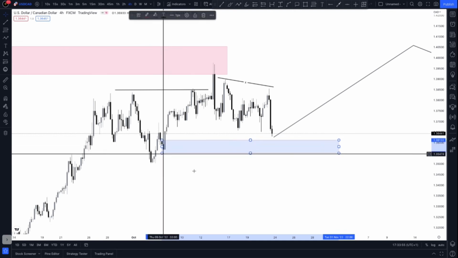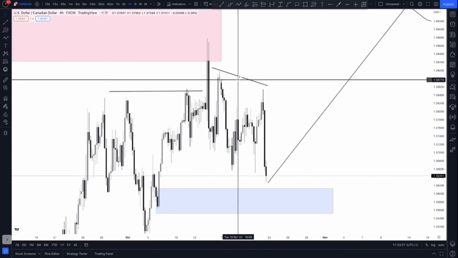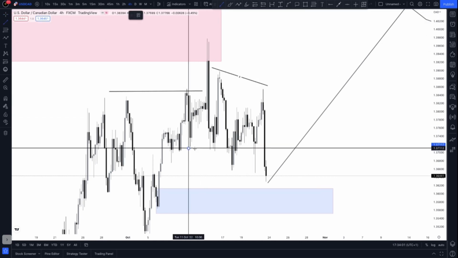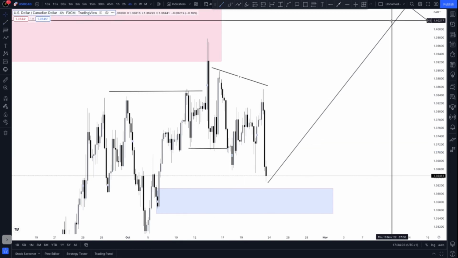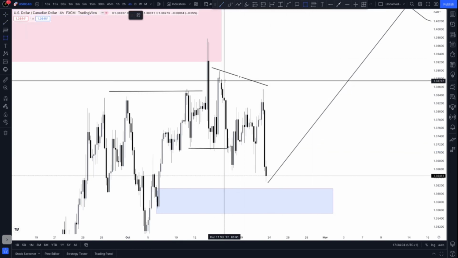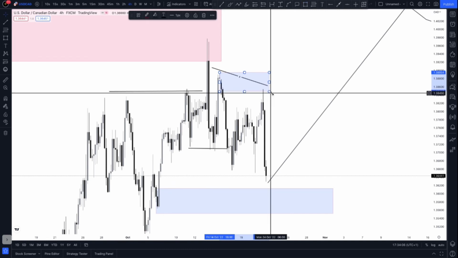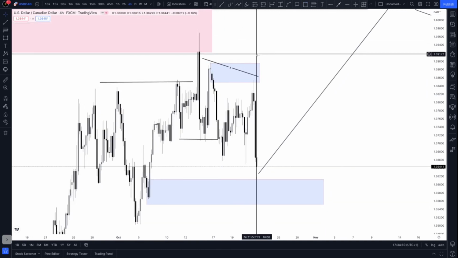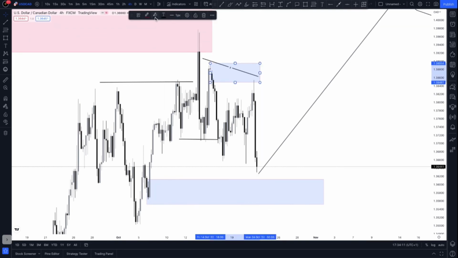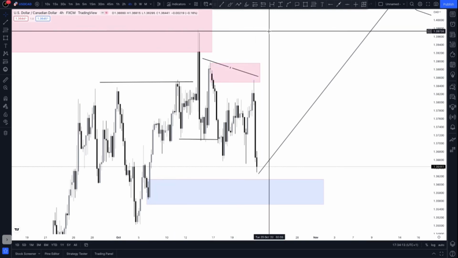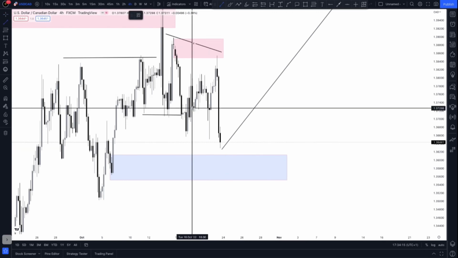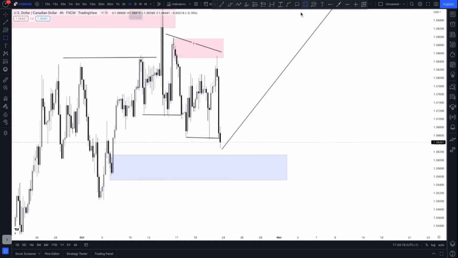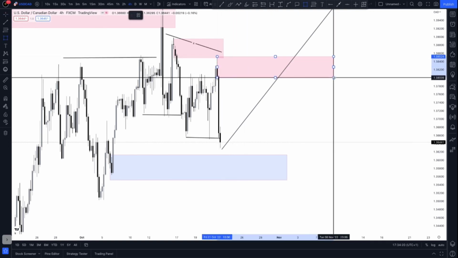On our 4 hour time frame, we have had this change of character at that point there, and we have a supply zone the market is currently reacting to. Our sell side expectation on this trade is that the market has taken out this low already, and we also have another supply zone at this point here.